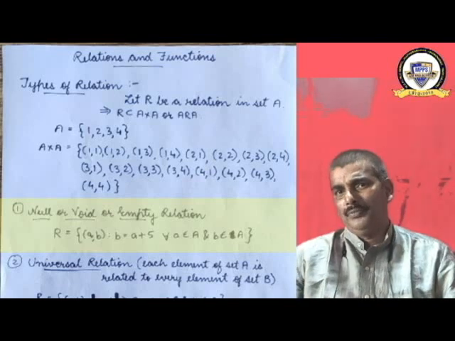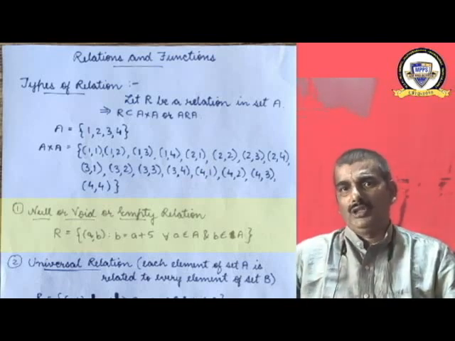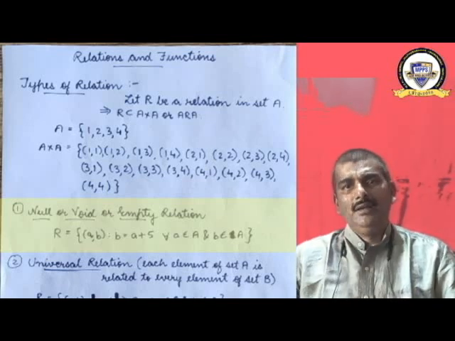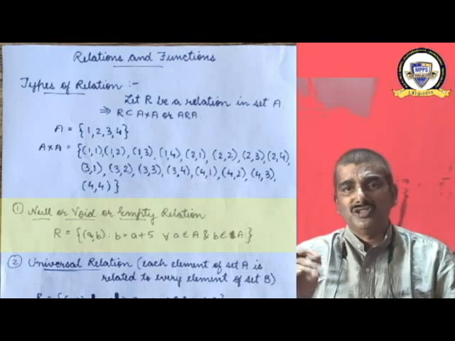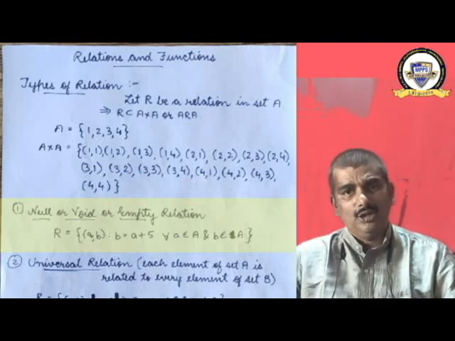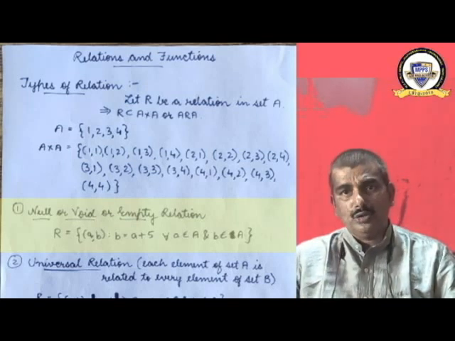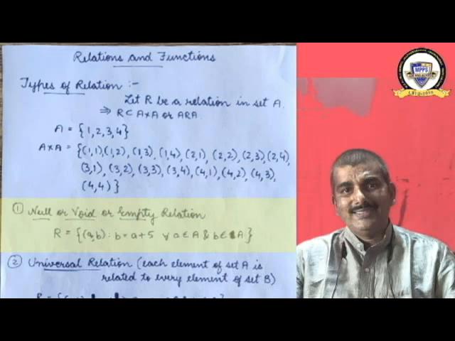For example, A is equal to {1, 2, 3, 4}. If I write a condition B is equal to A plus 5, let us consider A is equal to 1. 1 plus 5 is equal to 6. Is there any element (1, 6) in the universal set? No. And if it is 2, then 2 plus 5 is equal to 7.